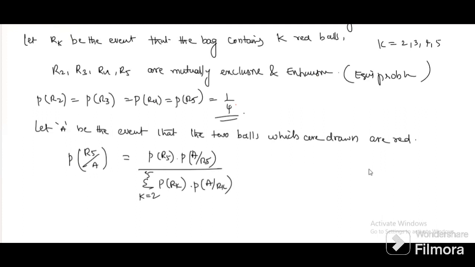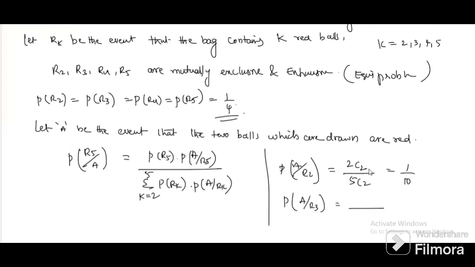Here we can find P of A by R2. We already know 2 red balls, so out of those 2 we select both, and out of 5, selecting 2 balls, that is 1 by 10. P of A by R3: selecting 2 balls out of 5 balls, when 3 balls are red, is 3 by 10.